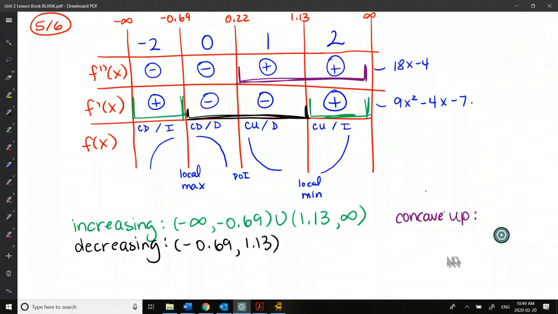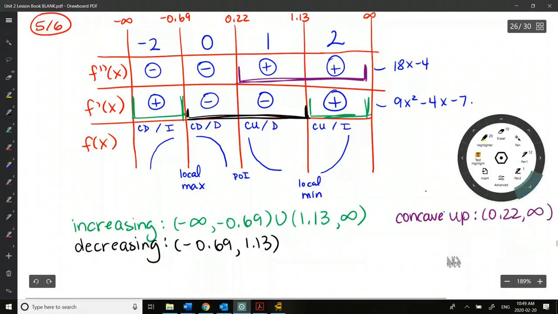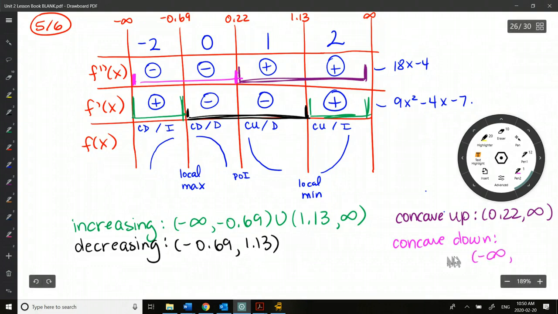So that is an area that's concave up from 0.22 to infinity. Okay, and then the last one, this section right here, that's the area where we're concave down, and that is from negative infinity to 0.22.